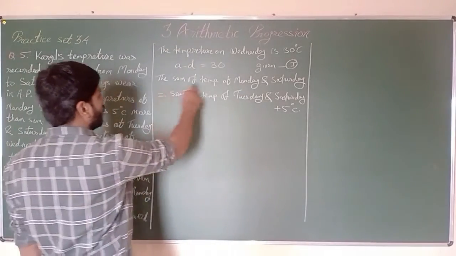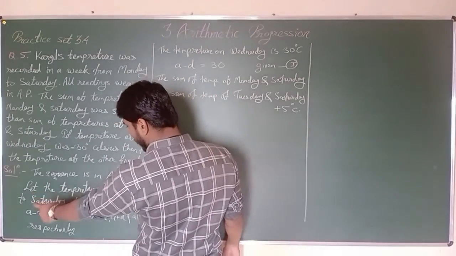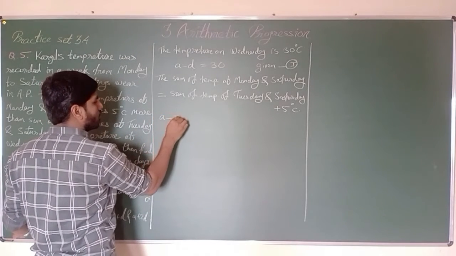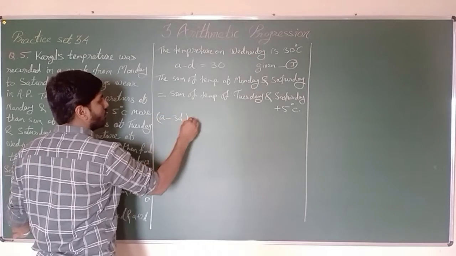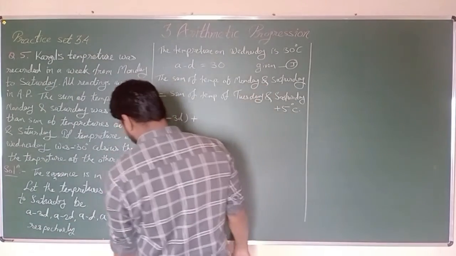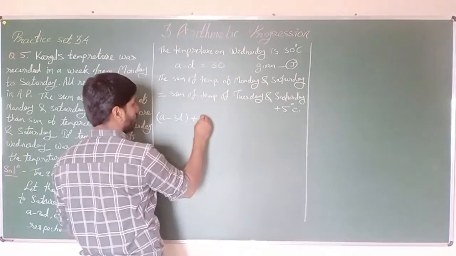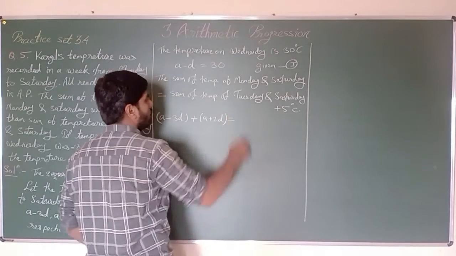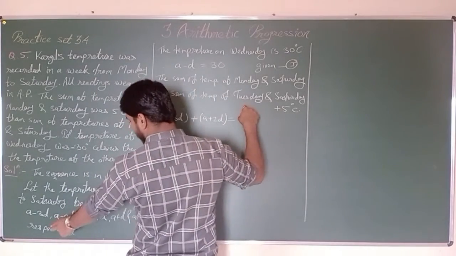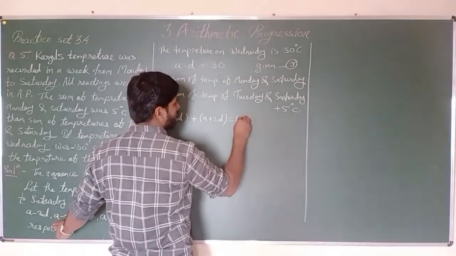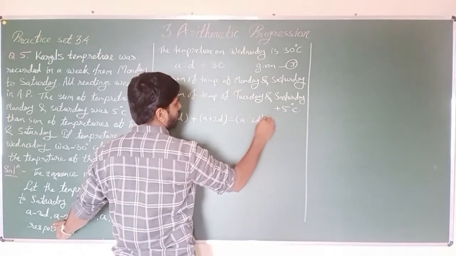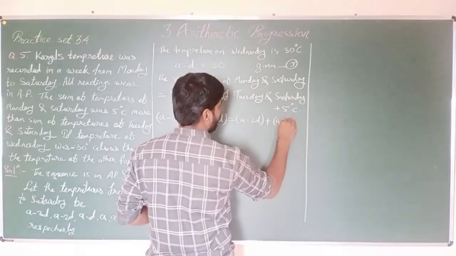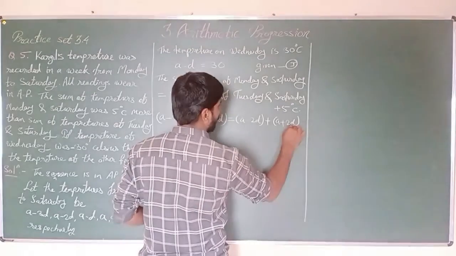Now, the temperature of Monday is a minus 3d, plus Saturday is a plus 2d, is equal to the temperature of Tuesday, a minus 2d, plus Saturday, a plus 2d, plus 5.